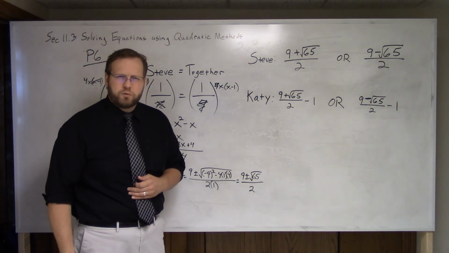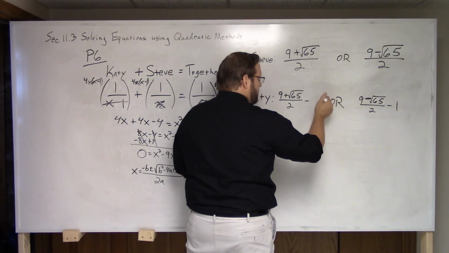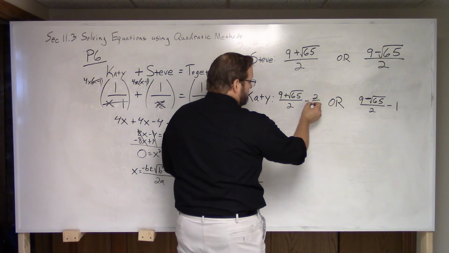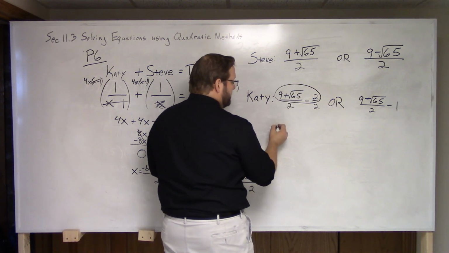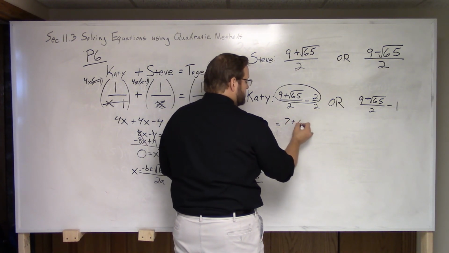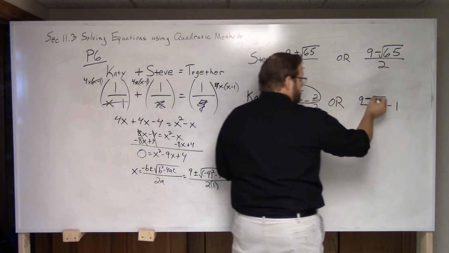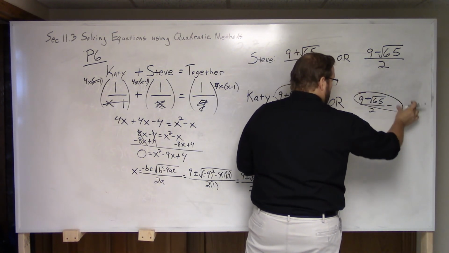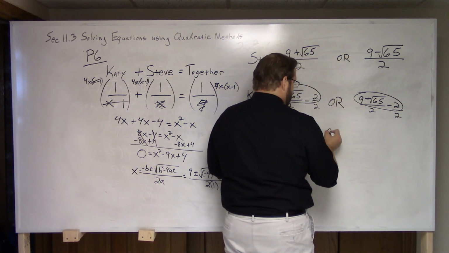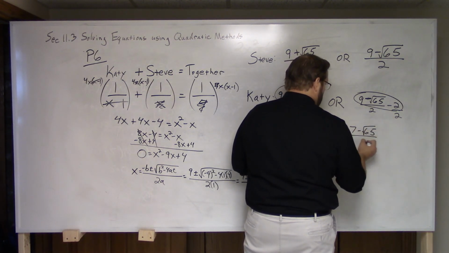Now how do we work with that minus 1? Don't just leave it like that. A 1 can be thought of as 2 over 2. So what we're going to do is combine like terms across the top. That turns into 9 minus 2 is 7 plus root 65 over 2. And here, same thing. This 1 is a 2 over 2. 9 minus 2 is 7 minus root 65 over 2.